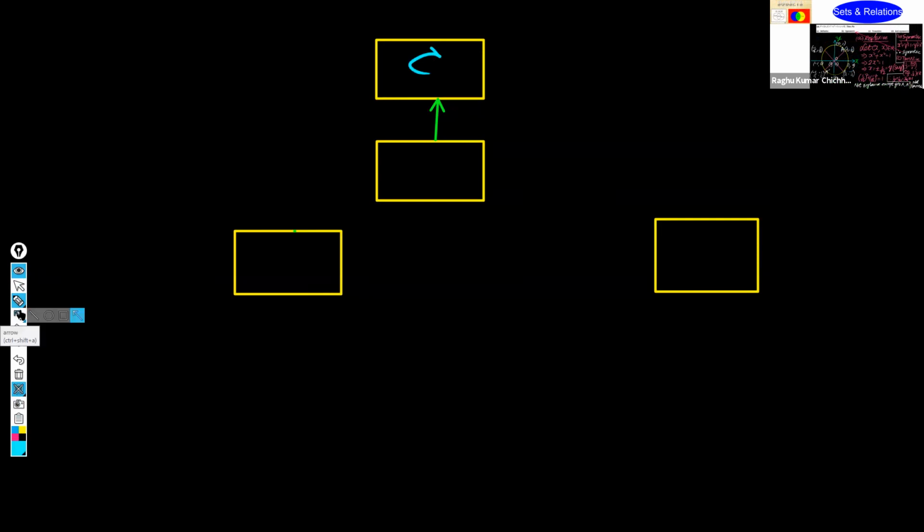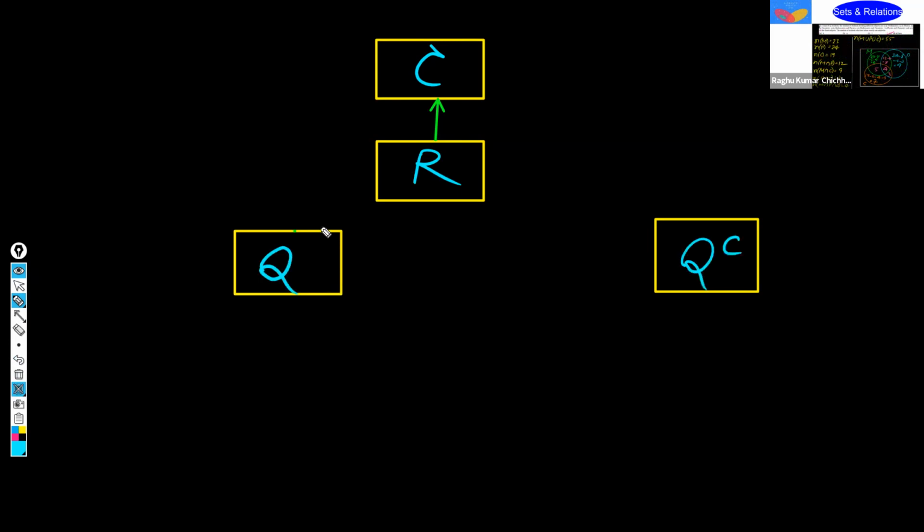But before that, you must be knowing what is a complex number set. The complex number set, you will have a topic further on complex numbers, quadratic equations. You'll have a special topic on that one. We will be seeing that. Now, this is the rational number set. And this is Q complement. This is the irrational number set. I'm writing only the notations there.